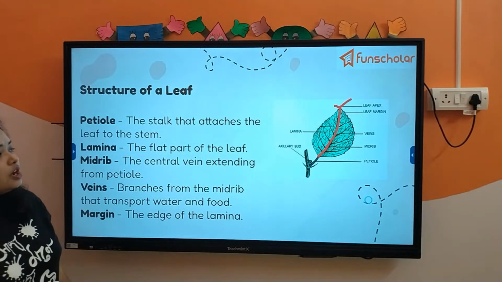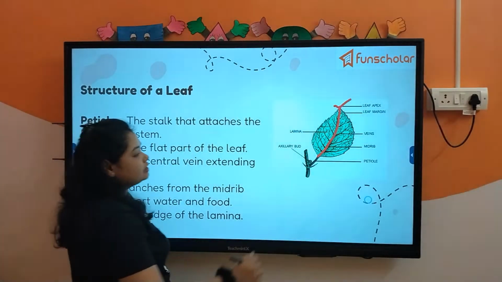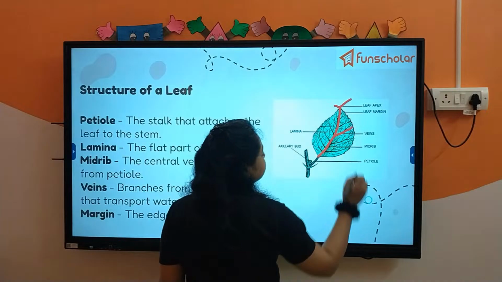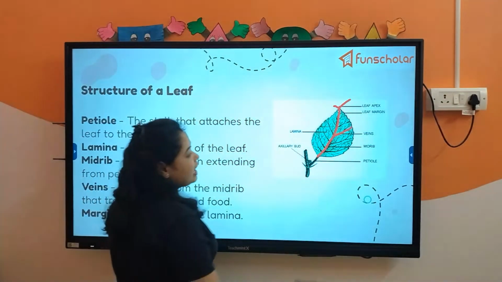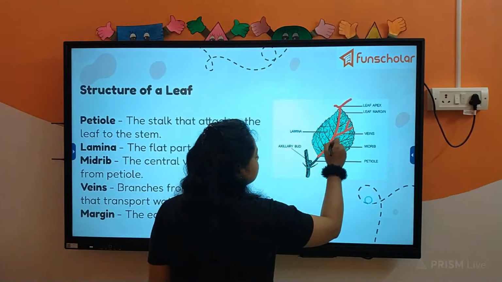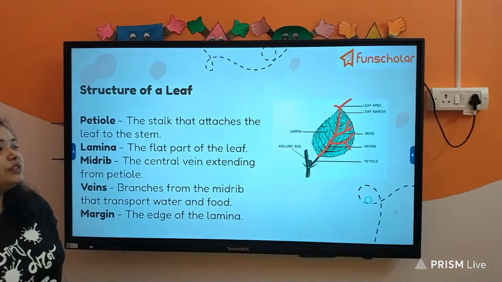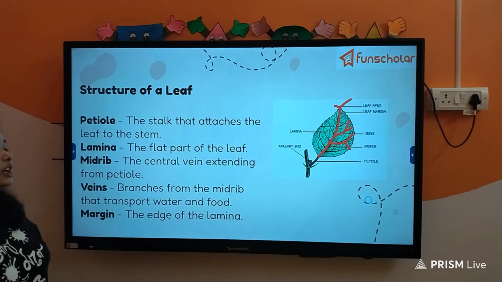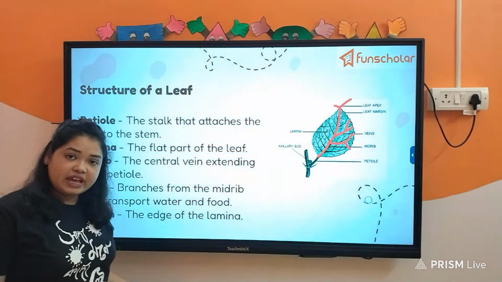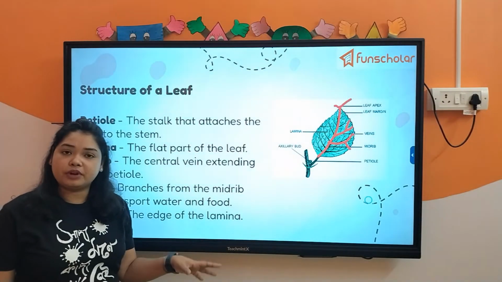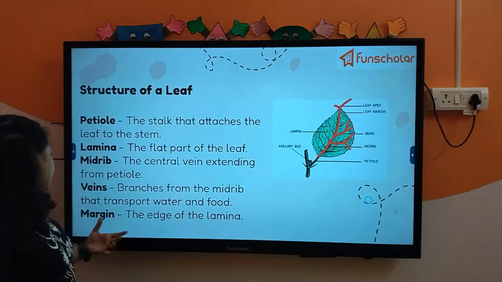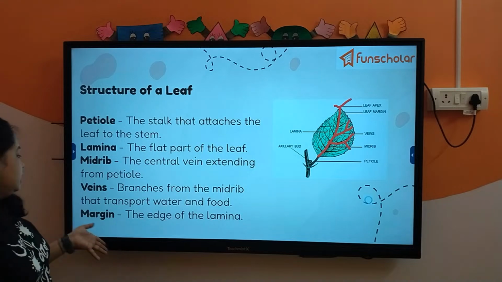And it has got branches. Those are the veins. Means midrib is the central vein and it has got other branches. Those are also the veins. What is the function of these veins? They actually transport food and water to the leaf and also from the leaf to other parts of the plant body.